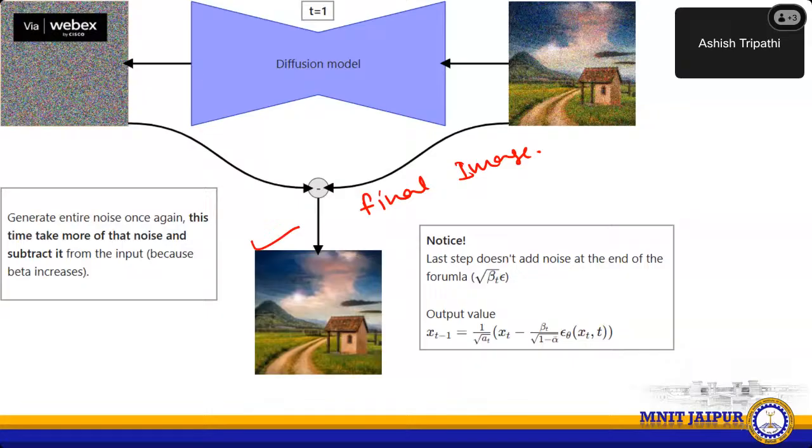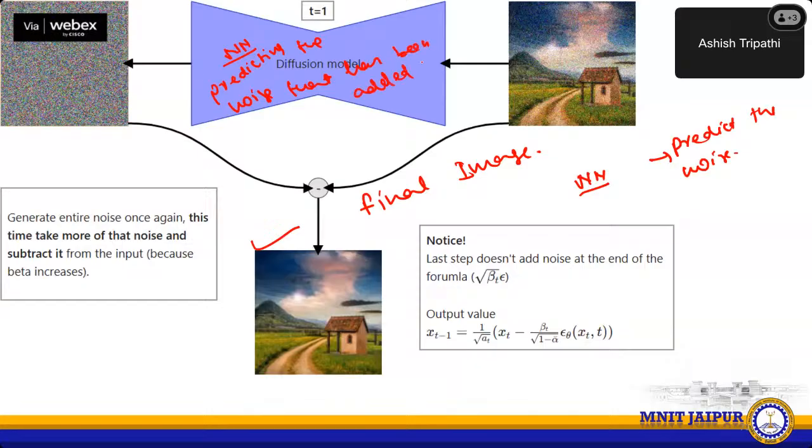Now the crucial part is to train a neural network model which can predict the noise that has been added in the previous step. So the main backbone behind the diffusion model is the neural network that is predicting the noise added in the previous step.